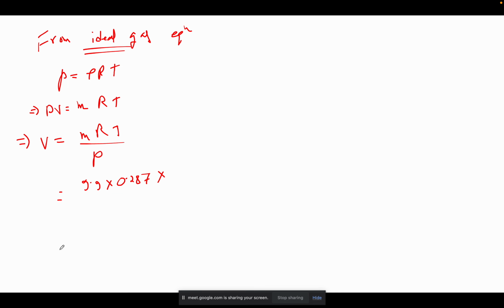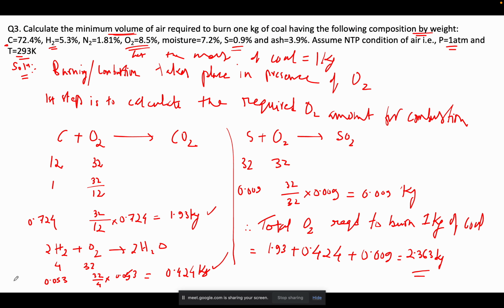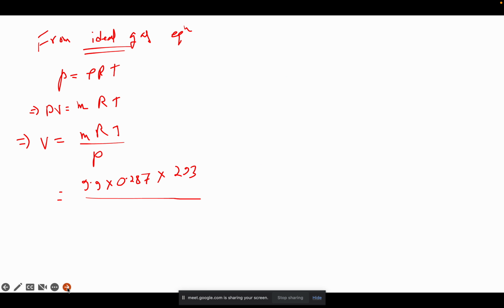The temperature given to you is 293 Kelvin because it is normal temperature and pressure, and the pressure is 1 atmosphere, so it is 1.013 into 10 to the power 5 Pascal. That will be basically 1.013 into 10 square kilopascal. So from here you will get the answer in volume. This much minimum volume of air is required for the combustion of the given samples.